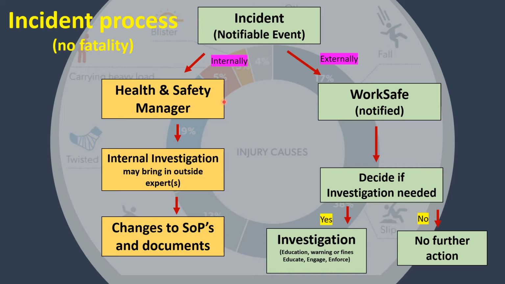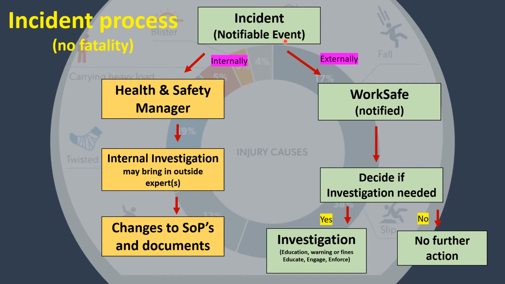There's a bit of process to identify who that gets reported to. Then that may bring about an internal investigation of what happened, and you could potentially bring in outside experts for that, and that could then result in changes to your safety operating procedures and some of your documentation.